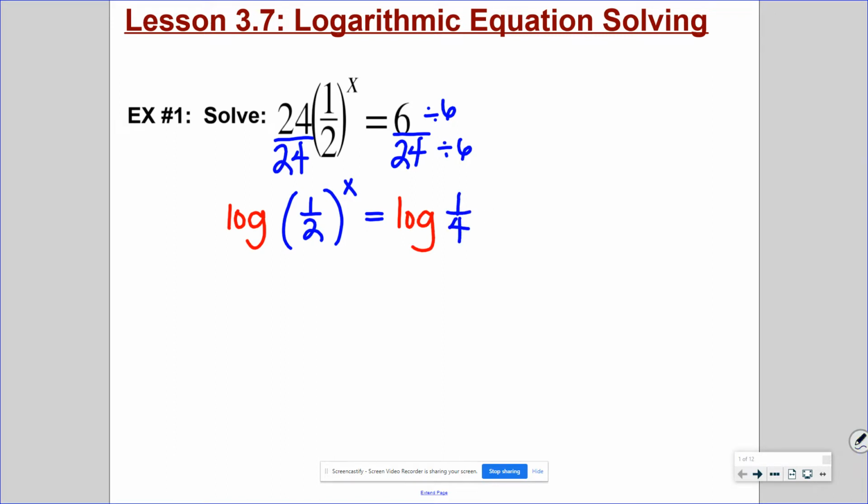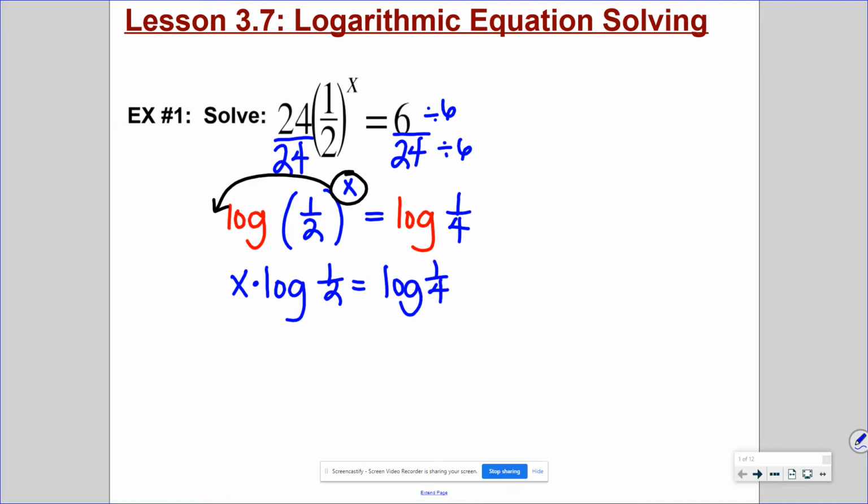Okay? Now, what that allows you to do is use logarithm properties. There's a property that says any exponent that's attached to a logarithm can be moved to the front. So we will move this x to the front, which would be like x times log 1/2.